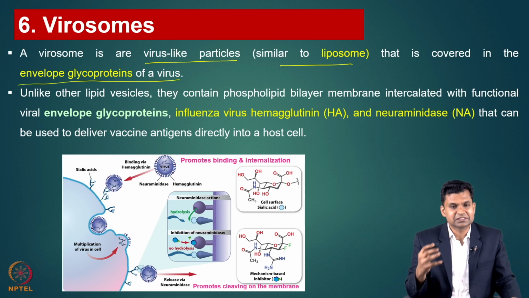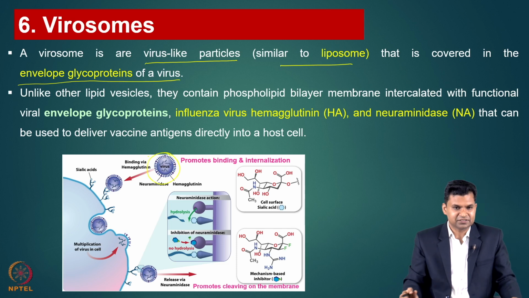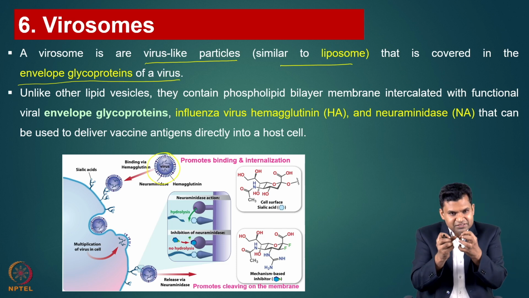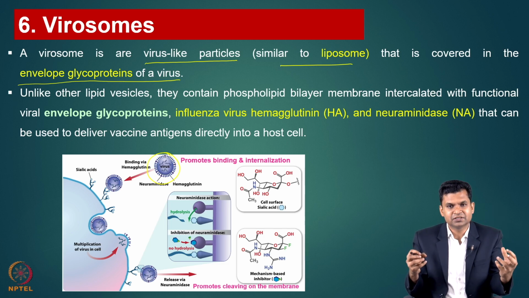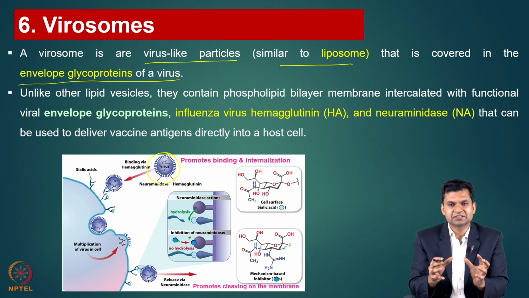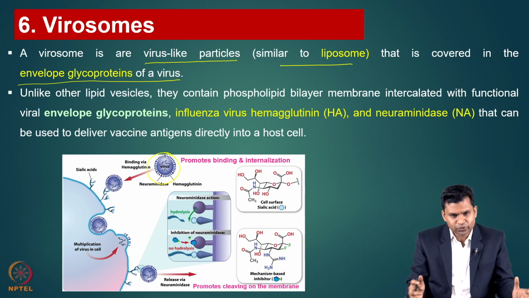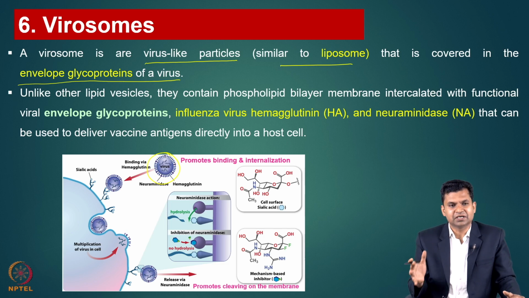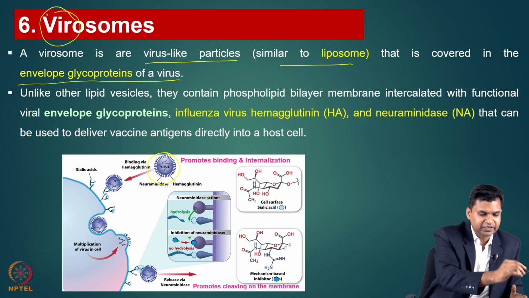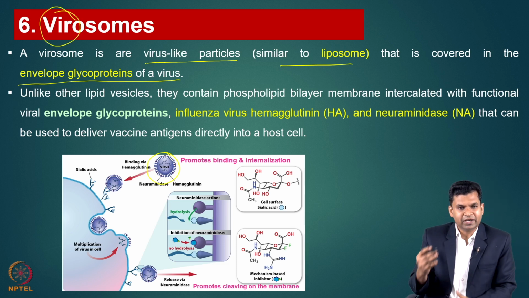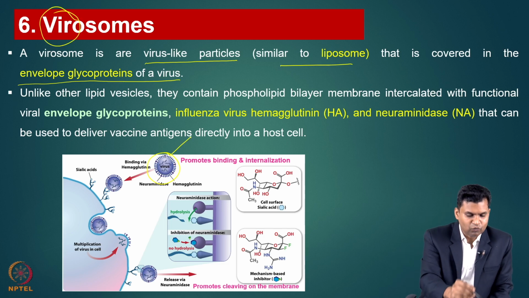That is why, when you see the viral particle, it looks like a virus, because we extract the glycoproteins from the virus, conjugate them with the lipids, and then utilize them for applications. Here the major components are the glycoproteins, which are viral components. That is why it is called virosomes. It looks similar to the virus.